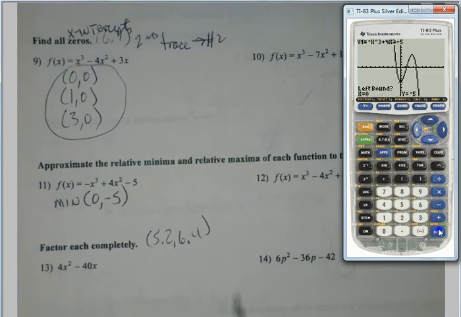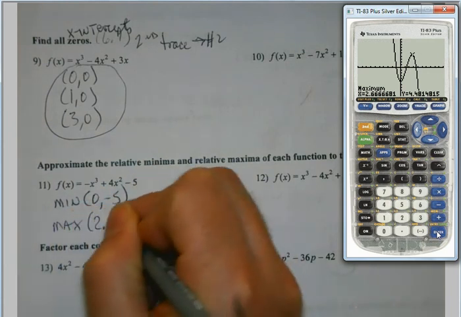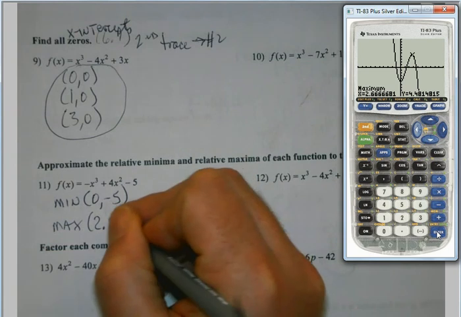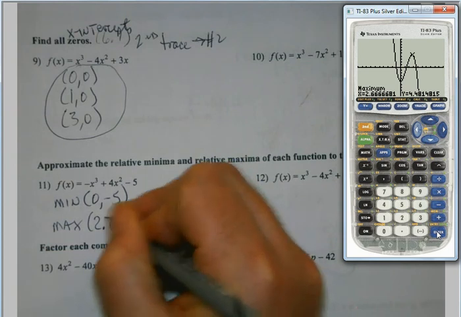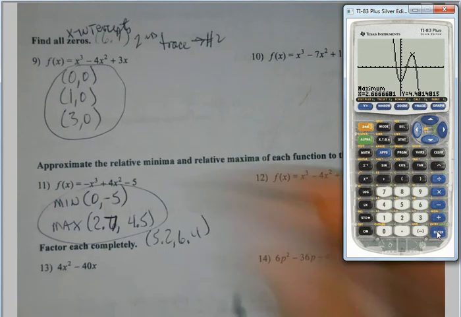I want to find the max. I scroll over until I'm pretty much at the top. Do a couple clicks to the left, enter. 1, 2, 3, 4 to the right. Enter twice. And my max is at 2.7, I'm sorry, I'm rounding to the nearest tenth, and 4.5. And I get both of those.